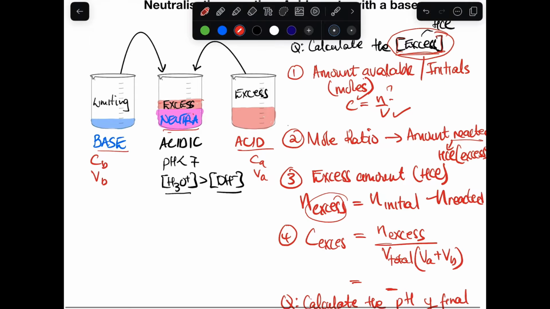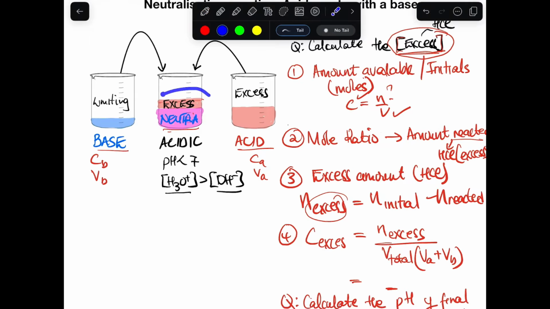The pH of the final solution here, this is the final solution, guys. When they want the pH of the final solution, they will say calculate the pH of the solution at the end of the reaction or at the completion of the reaction. So they wanted the pH of that excess.